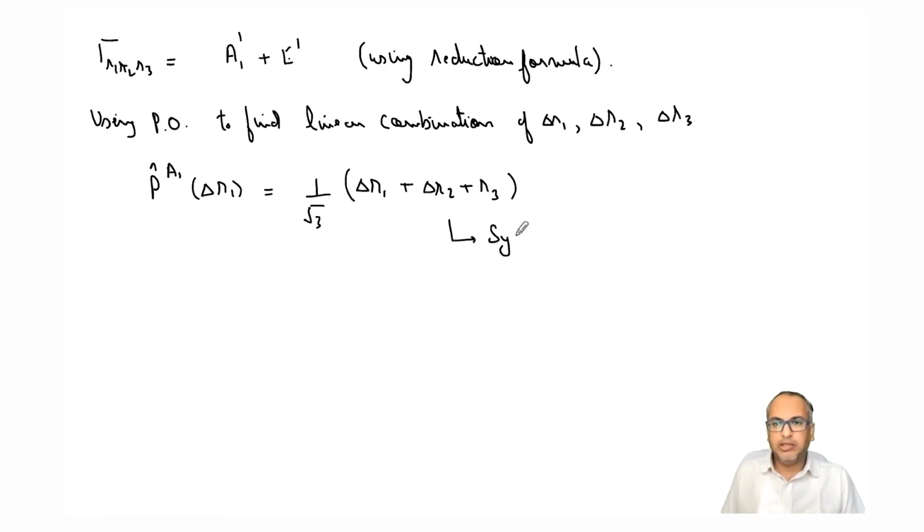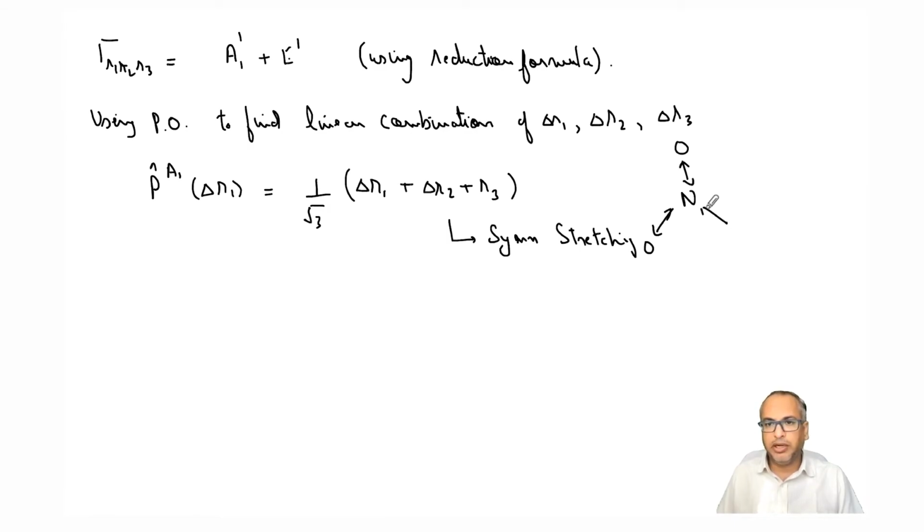This will be called symmetric stretching, and you can draw it like that. All the bonds are increasing in length symmetrically. You can call this nu 1 with A1 prime symmetry. So this is nu 1.